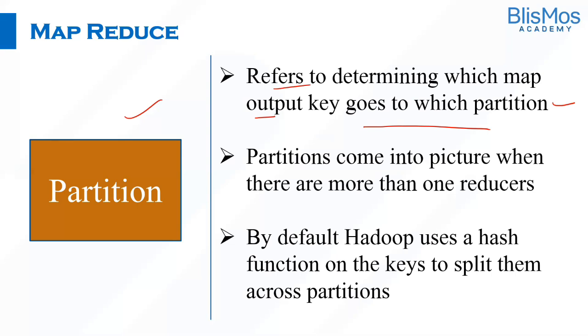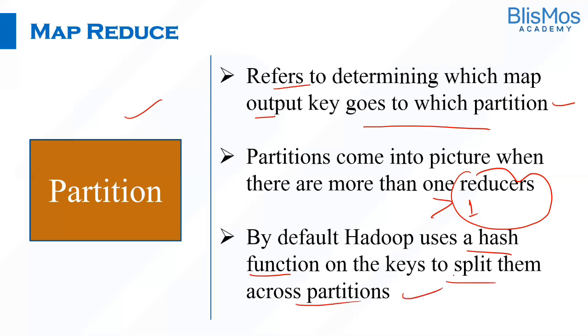Partitions come into picture only when we have more than one reducer. It is a logic which is being implemented either by a framework or by a user. When we take an example, it will be a bit more clearer for you. Here in the Hadoop framework, we do have a hash function on the keys to split them across the partitions.